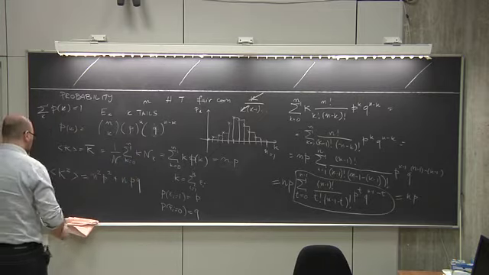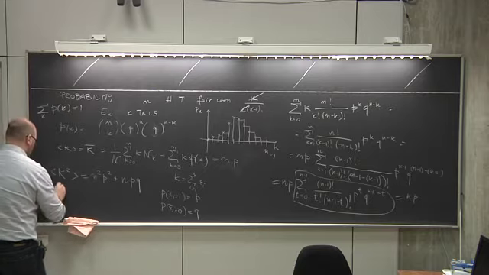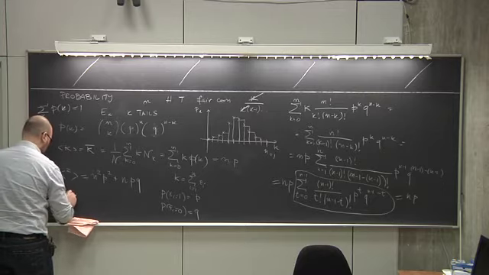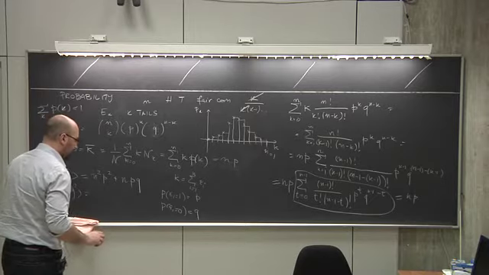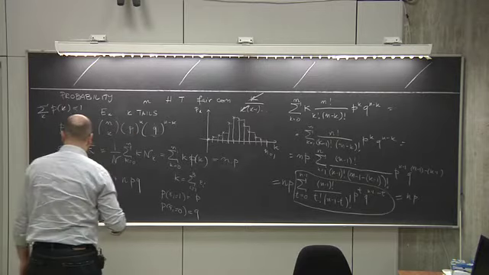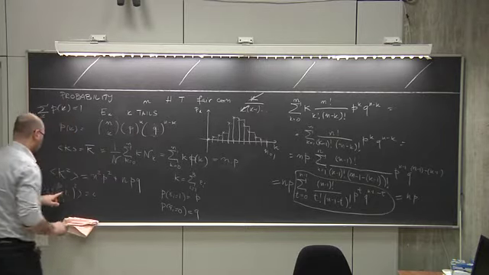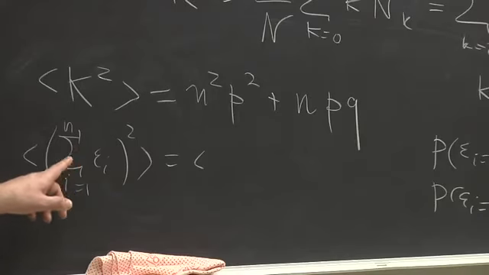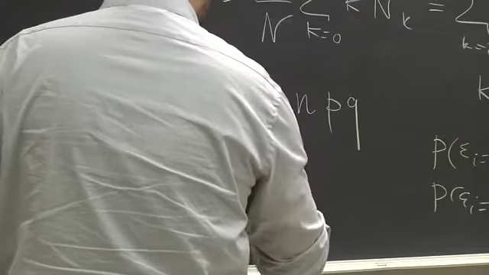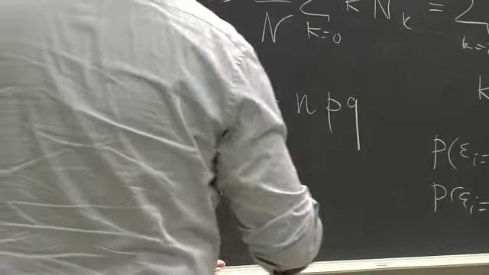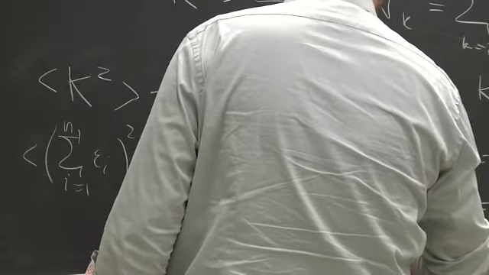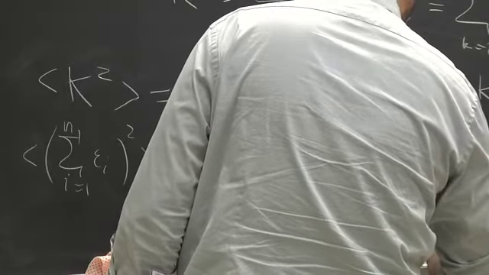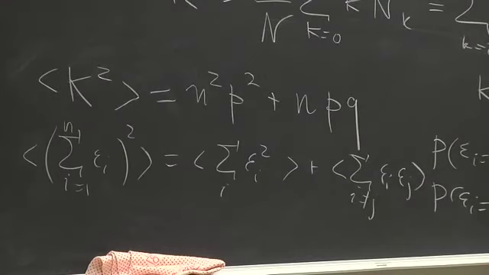So for example, if you want the average of k squared, you take this sum squared, and so this is the average of the squares plus this sum here.